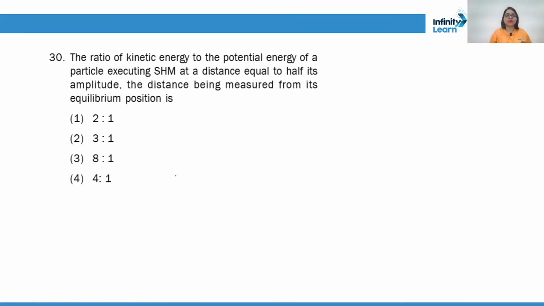Question number 30. The ratio of kinetic energy to the potential energy of a particle executing SHM at a distance equal to half of its amplitude, the distance being measured from its equilibrium position, is. So we need to find the ratio of its kinetic energy and potential energy at a distance half of its amplitude. So x will be a by 2.